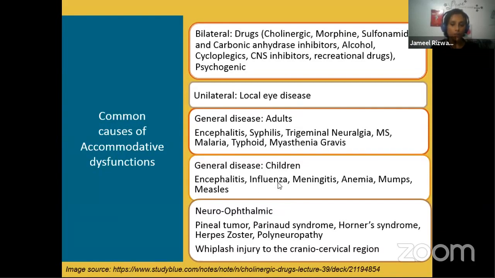In children especially, again, the list is here. We've seen children who land up with acute onset of accommodative insufficiency after an episode of measles, or children, especially girls in the pre-puberty, puberty ages of 12, 13 years, who come with a lot of convergence and accommodation issues, especially due to issues such as anemia.